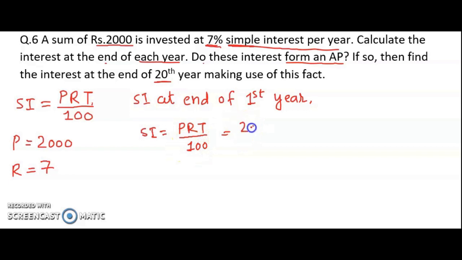P is 2000, R is 7, and T for the first year we will take T equal to 1, divided by 100. So 0, 0 cancel out. So here we get the interest at the end of the first year will be 7 multiplied by 20, that is 140 rupees.